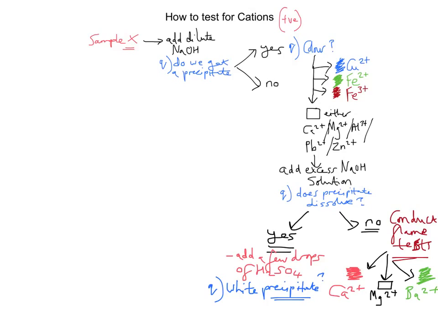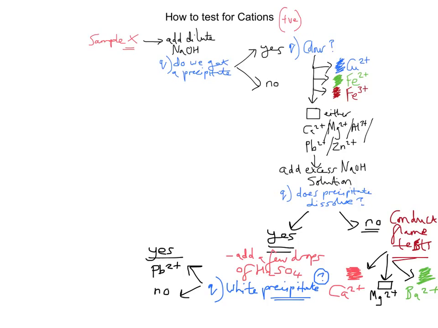We want to know if what we get is a white precipitate. If the answer to that was yes, then what we've identified is Pb2+. We've identified the lead cation.